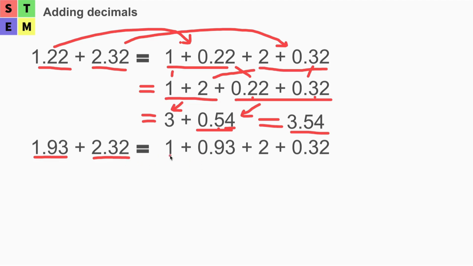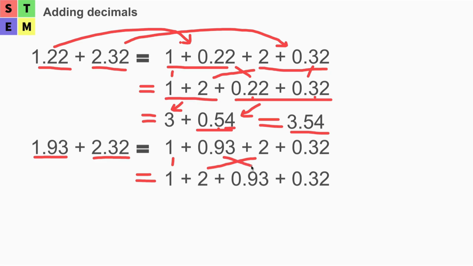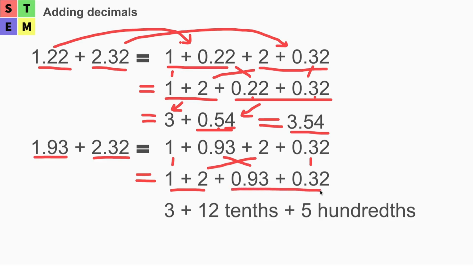Okay, so our next step, of course, the same, switch them, right? So 1 here, 2 here, okay, and 0.93 and 0.32. So let's calculate 1 plus 2 first and then calculate this, right? So now we have a bit different, a bit more complicated, right?